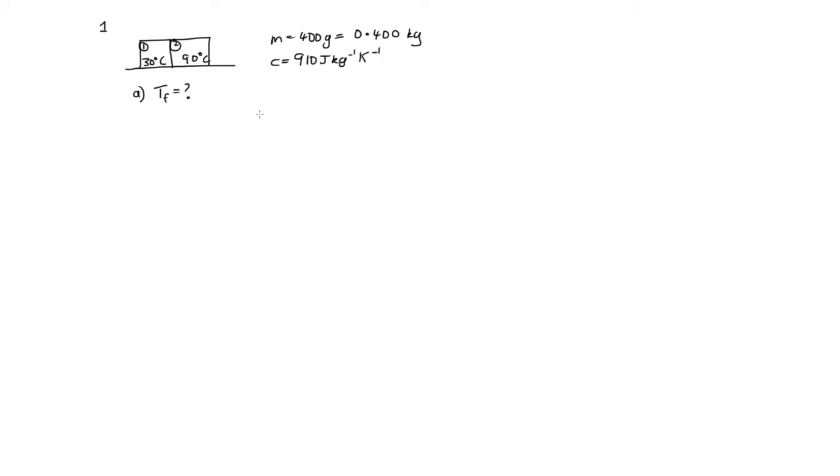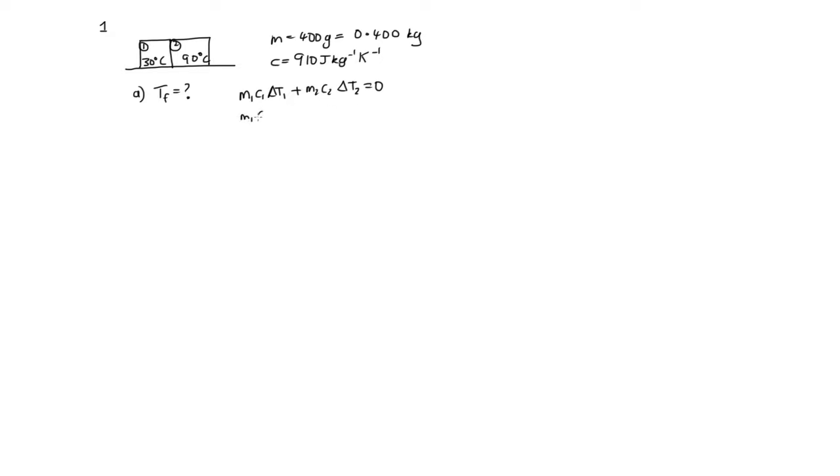What we know is that the total heat transfer is 0 because we're assuming that no heat flows between the blocks and the environment. So what we can write is M1C1 times the change in temperature of block 1 plus M2C2 times the change in temperature of block 2 is equal to 0. That tells us that no heat is lost to the environment.